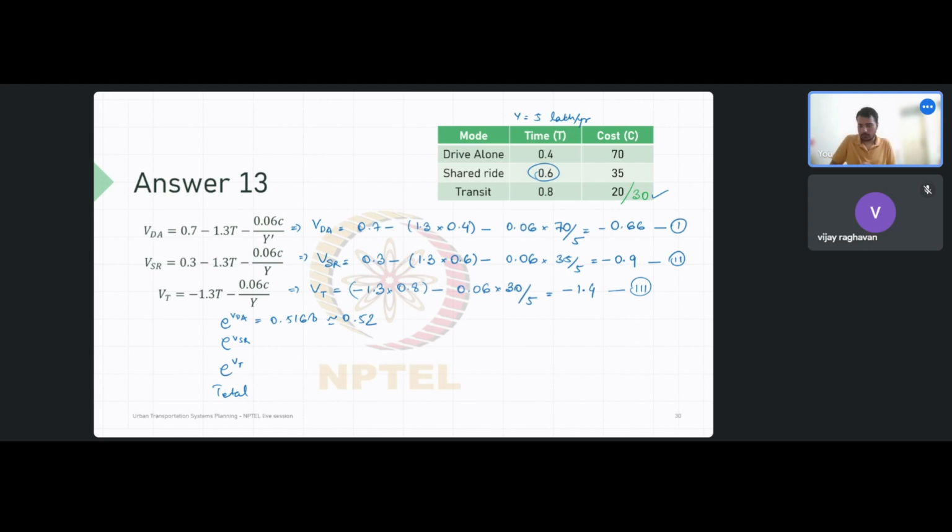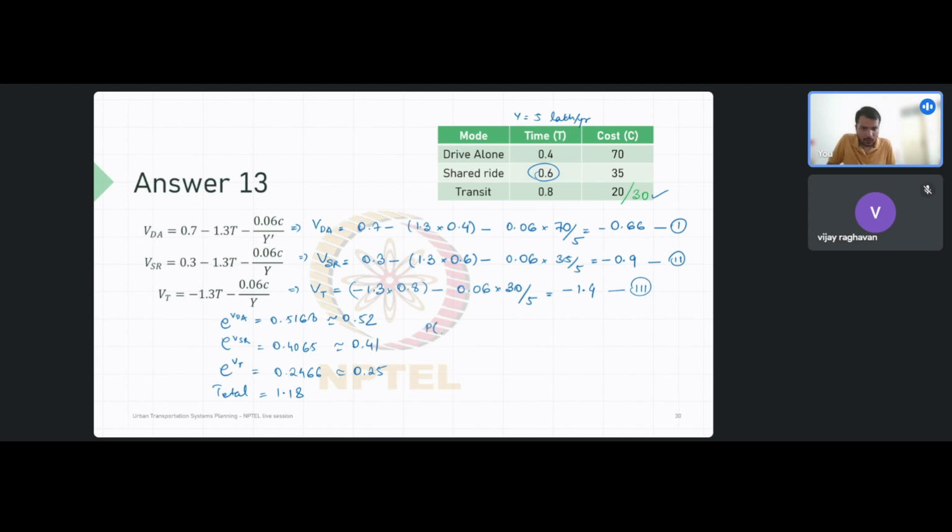VSR is 0.4065, around 0.41. e power VT is 0.2466, around 0.25. Let's take the total. The total is coming out as 1.18.